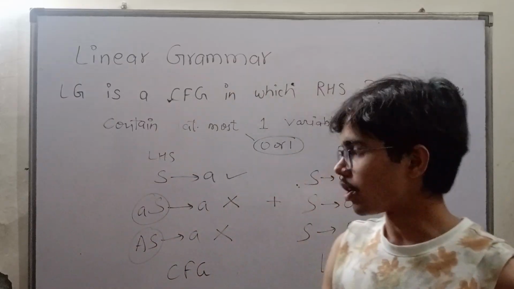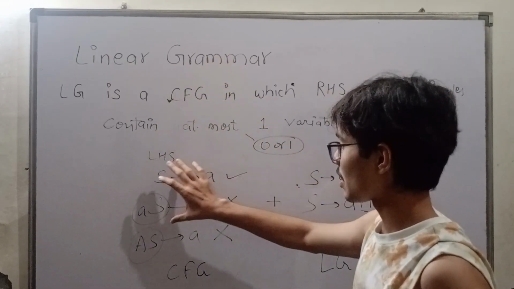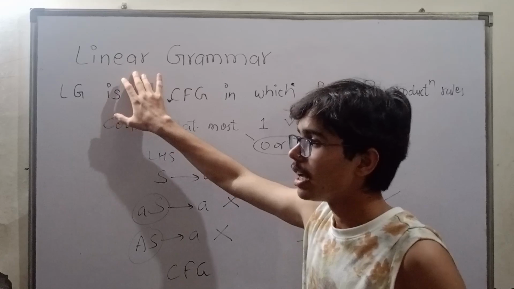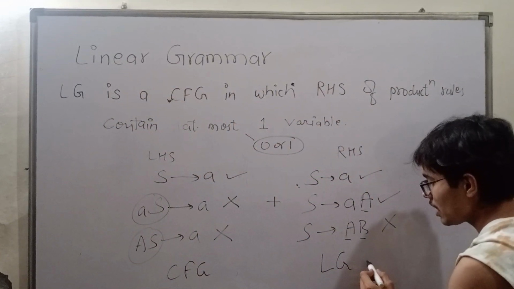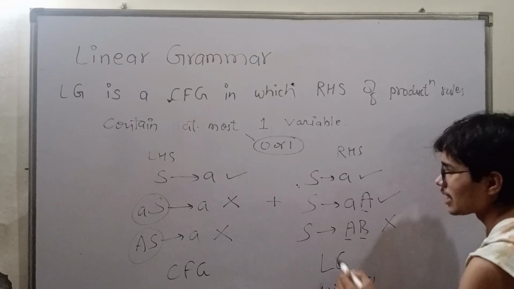In simple words, linear grammar is a context-free grammar, which means the rules applied on context-free grammar are also applied here. But what are the additional rules? This is for intuition.